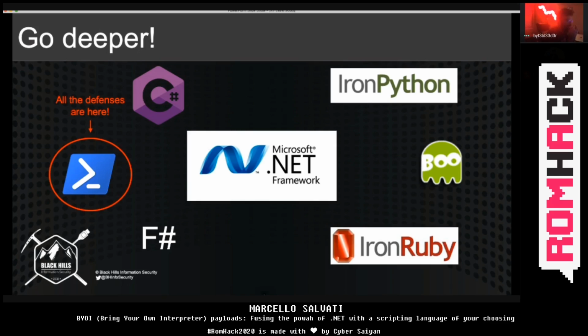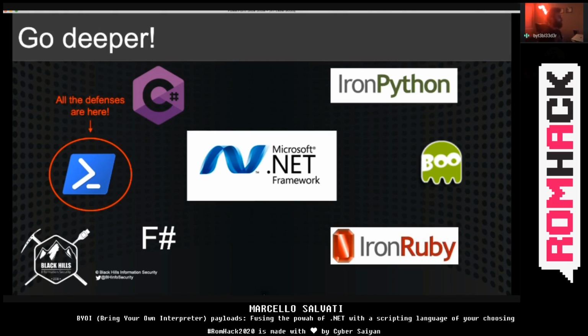Now, this is the main meat behind what I've been researching, what I'm talking about. And this is exactly what I needed in terms of finding a way to access .NET APIs dynamically through a scripting language without going through PowerShell.